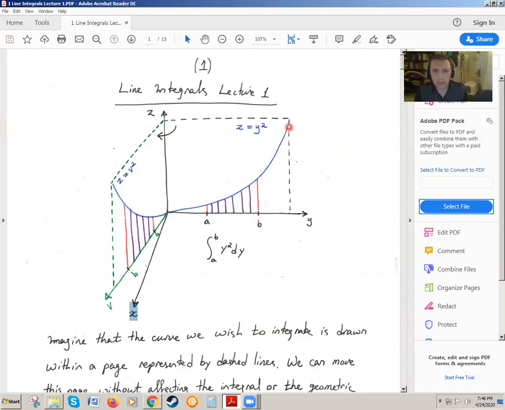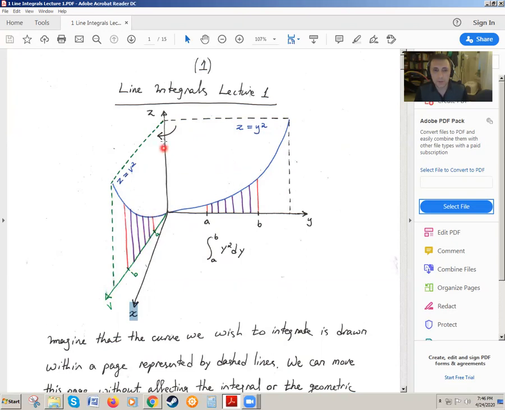Now you can imagine that this two-dimensional picture is drawn on a flat piece of paper outlined by those dashed lines. The integral certainly will not change if I were to take this paper and rotate it to some axis which I call the v-axis, right?